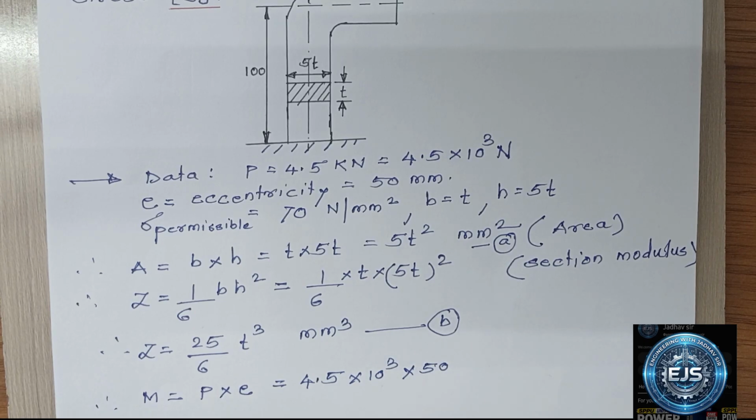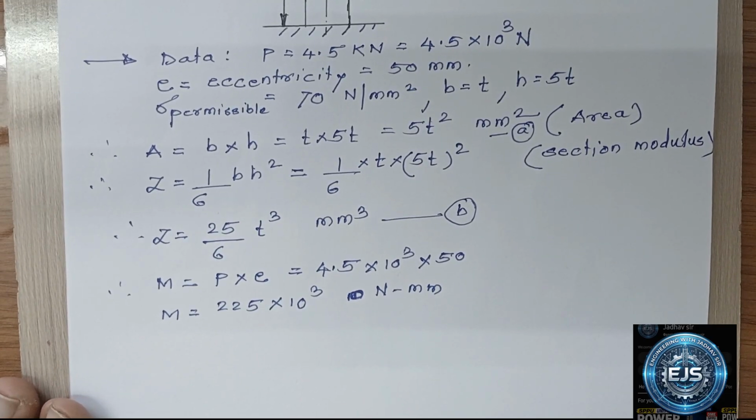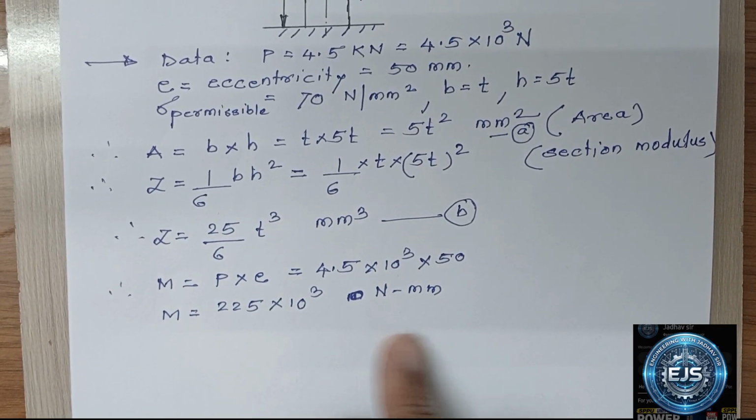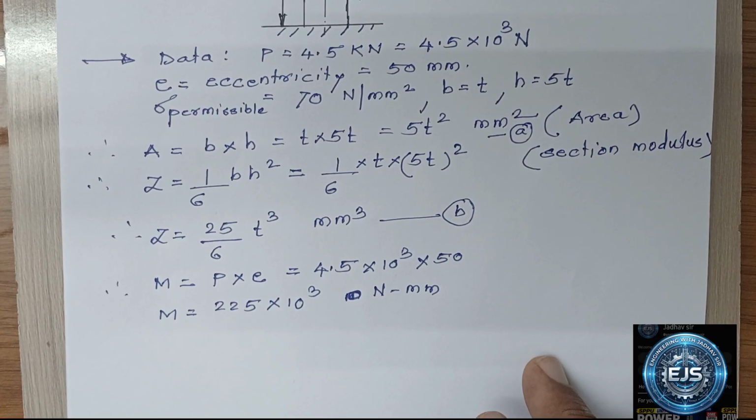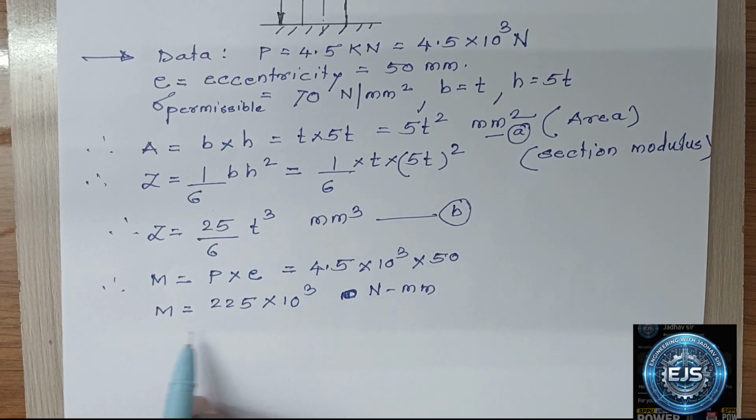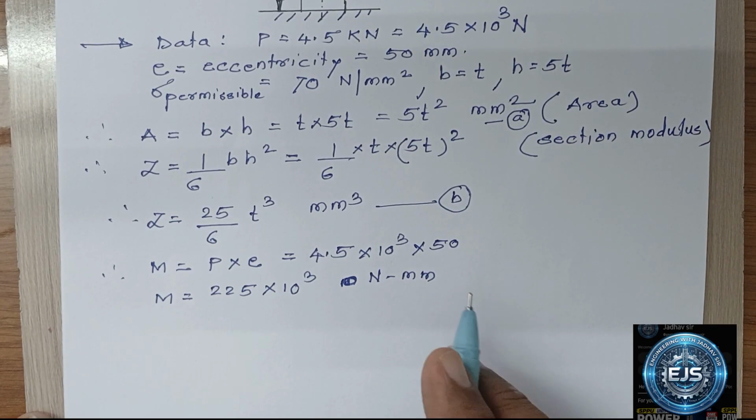So we can calculate this bending moment M. Bending moment M is equal to 225 into 10 to the power 3, and the unit is Newton into mm. This is M by Z is sigma b, and now we'll calculate the total maximum stress.